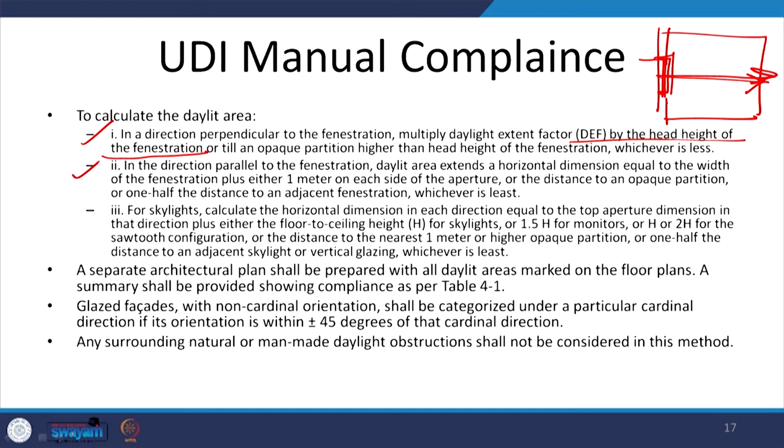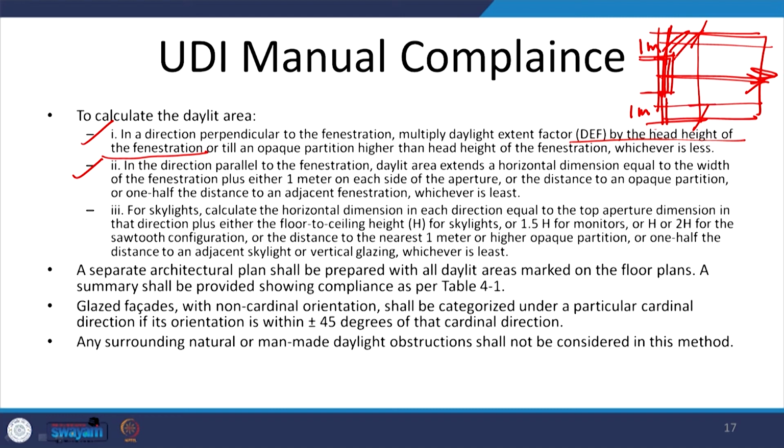The second is in the direction which is parallel to the window, at least 1 meter on both the sides of the window, the horizontal expanse of the window daylit area will be calculated or determined. In case there is a partition available within this distance, whatever is less will be considered.